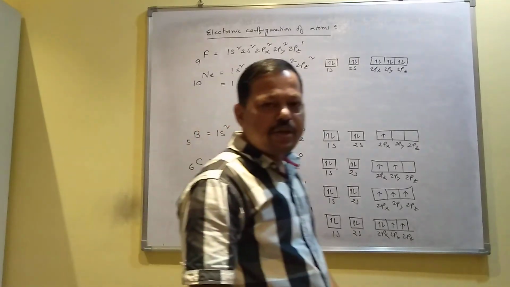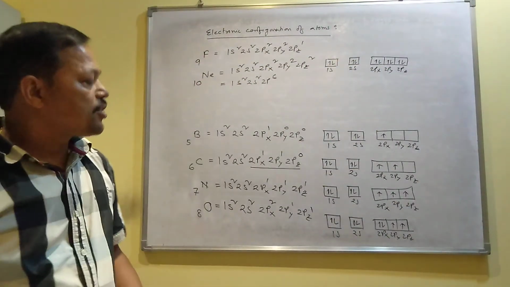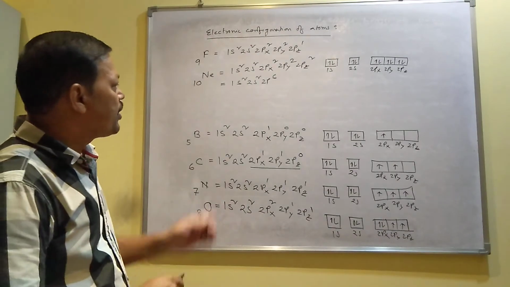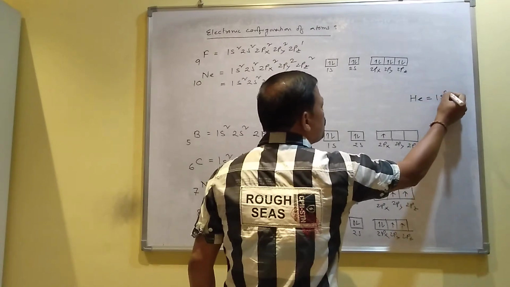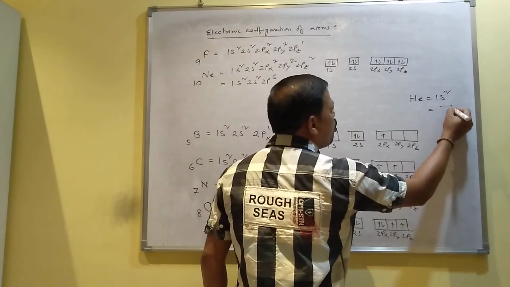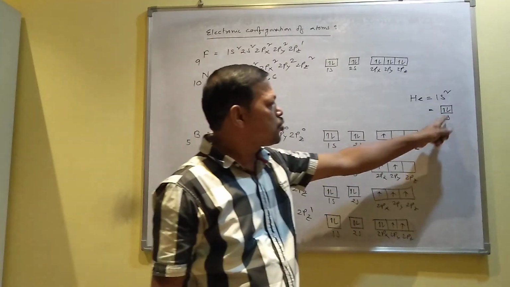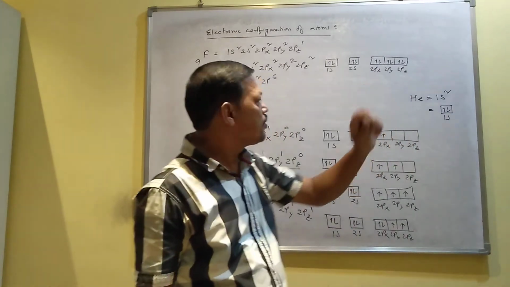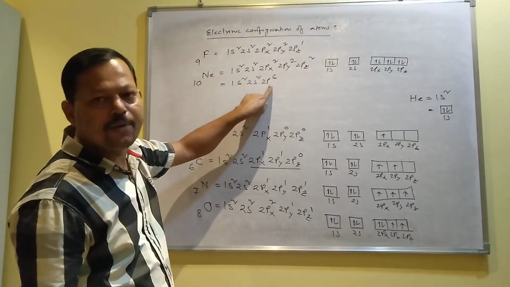Now among these configurations, some are said to be stable configurations. Which configuration is stable? The helium configuration. Helium is 1s2. Those electronic configurations in which the orbital is filled up, I mean 1s is filled up. In case of neon, 1s2, 2s2, 2p6, all are filled orbitals.